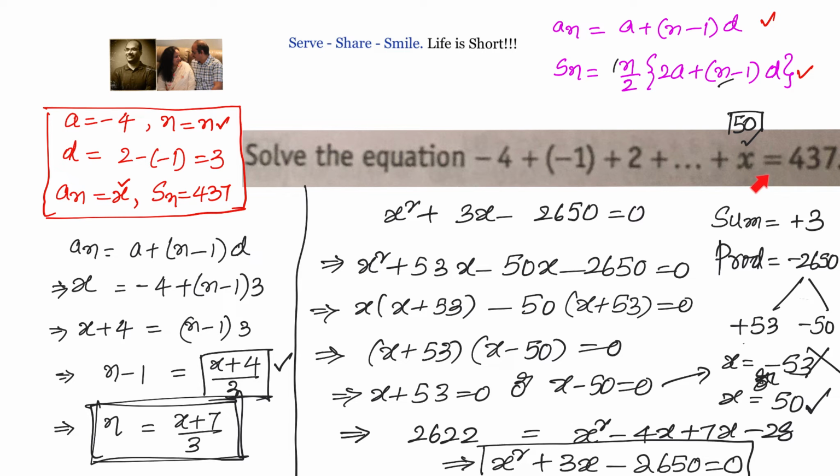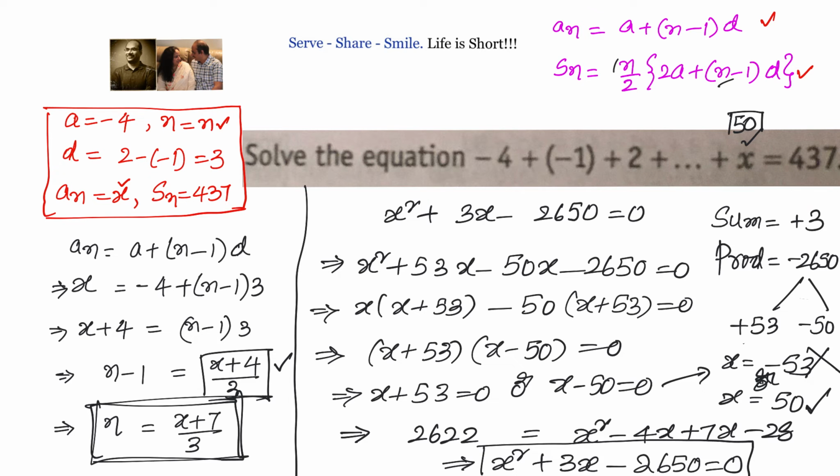When we talk about arithmetic sequence or progression, we have two formulas, one to find the nth term and one to find the sum of first n terms. We went to this problem and understood what our a value is, what our d value is, what Sn is, and what an is.